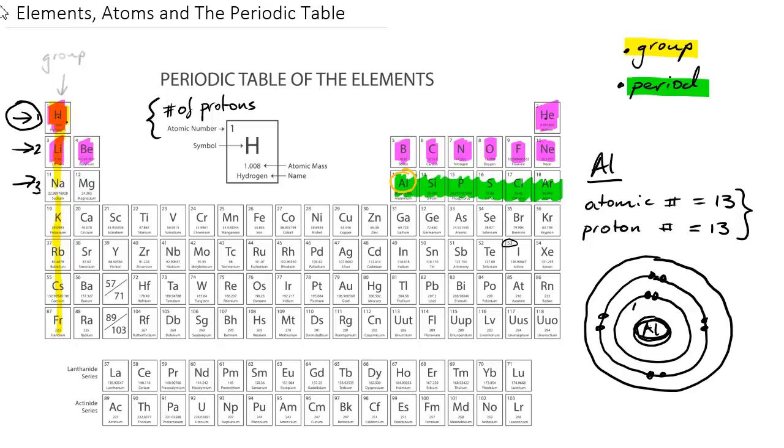The third shell needs to fill up until it finally gets up to aluminium. So what that means is that in the third shell we have 3 electrons.